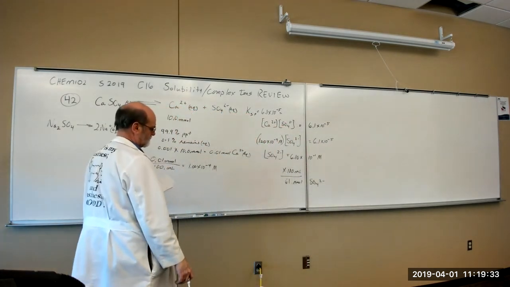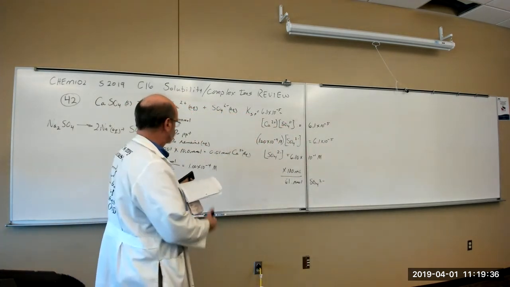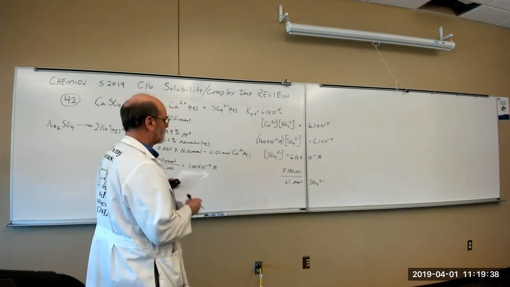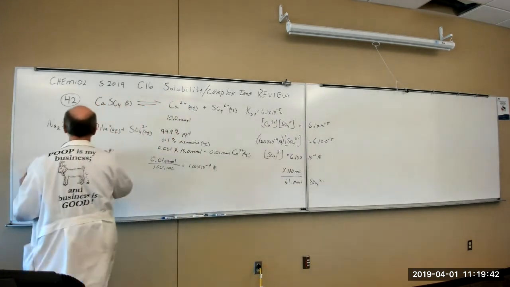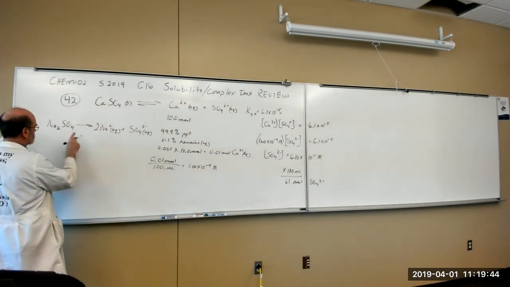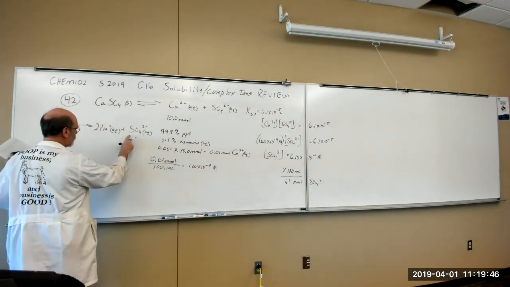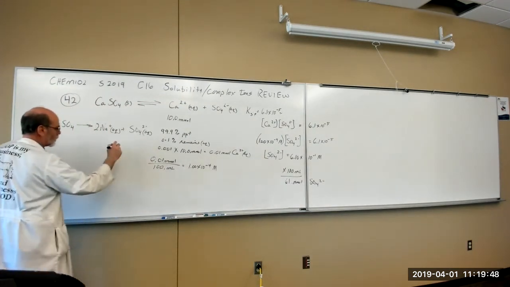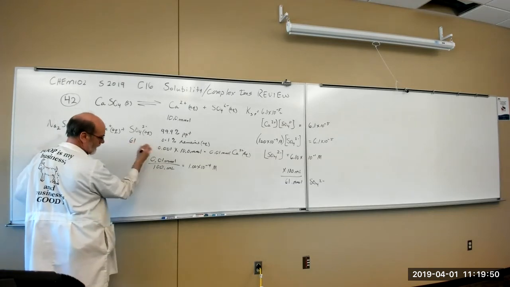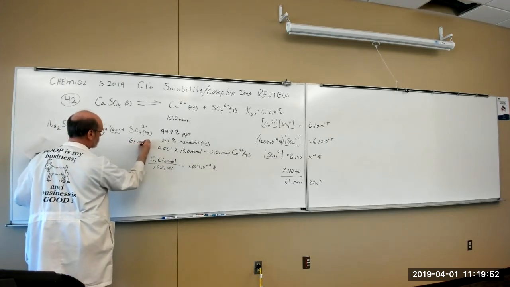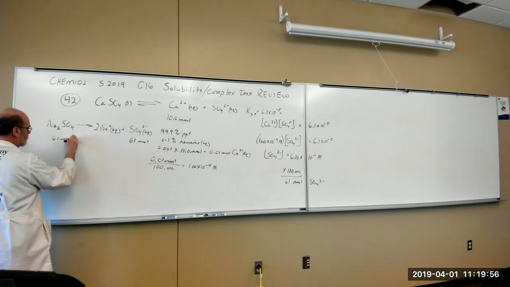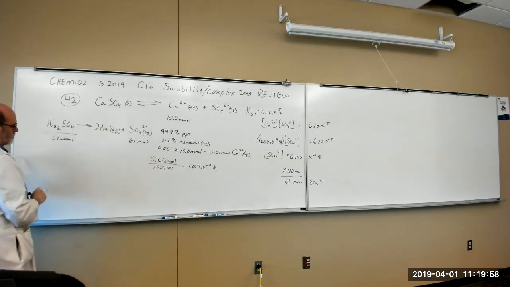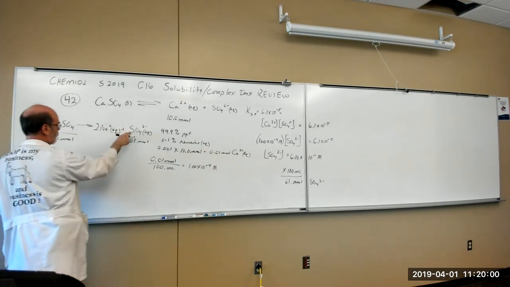Okay, I missed a step somewhere. I'm writing down the equation for sodium sulfate. This is just to prove that if we can find out how much this is, and the answer here is 61 millimoles, then we need to add 61 millimoles of this compound because they're 1-to-1.